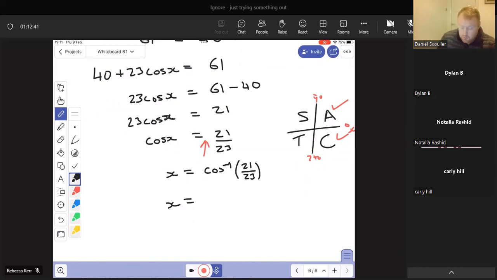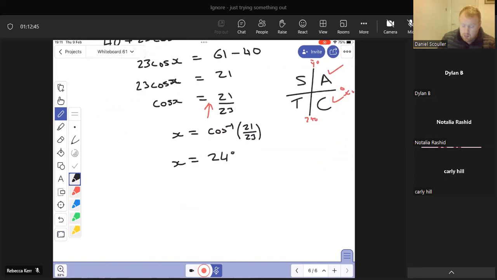What am I getting? 24 degrees. We get x equals 24 degrees. Now I'm working in quad A, where x is just x. So I'm getting x equals 24.